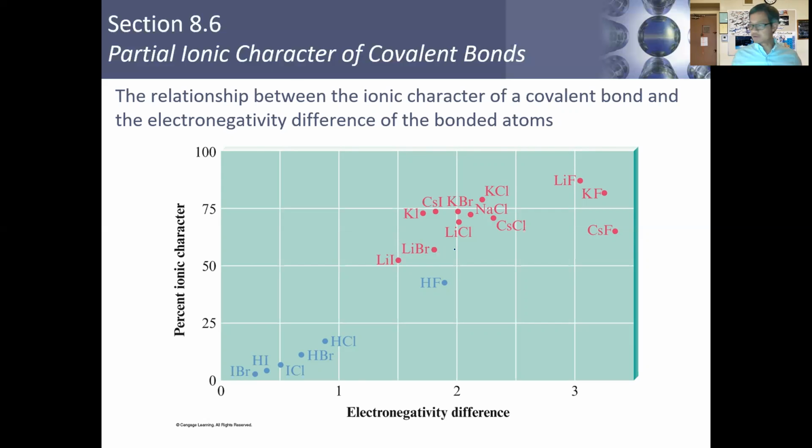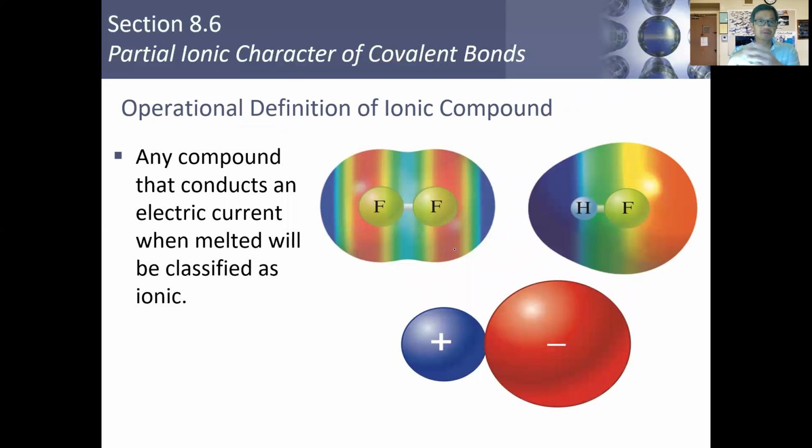All right. So that's the case with ionic bonds. That pretty much allows us to finish up our discussion by summarizing that the way we're going to define an ionic bond versus a covalent bond versus a polar covalent bond is that when an ionic compound melts, it will conduct an electrical current.